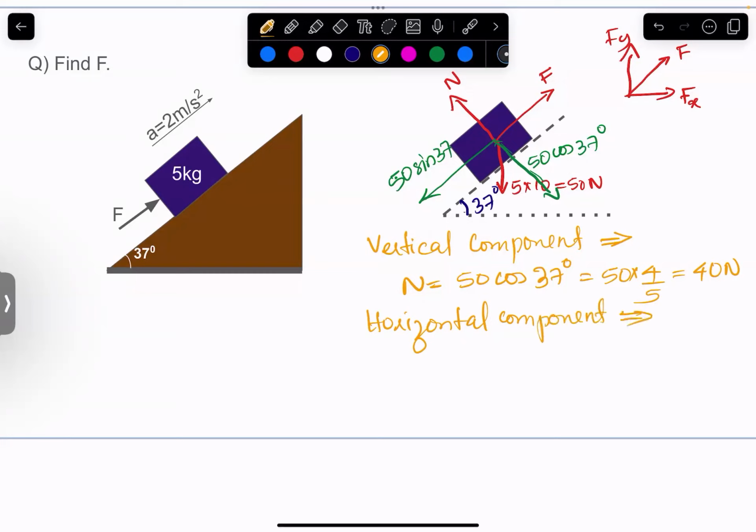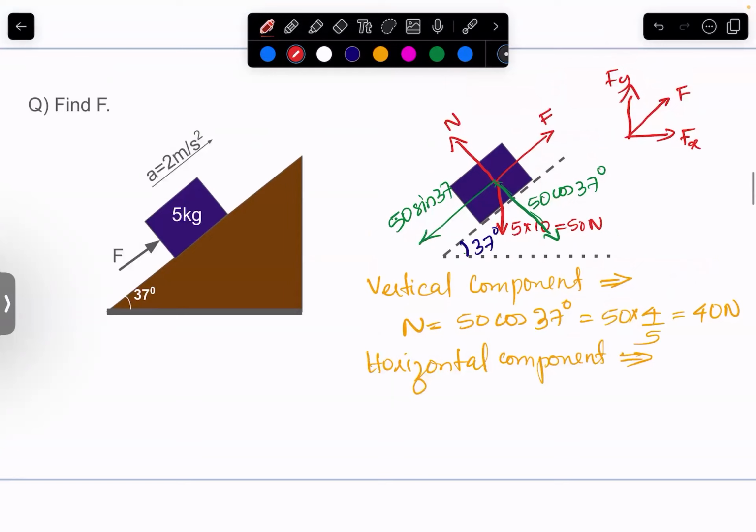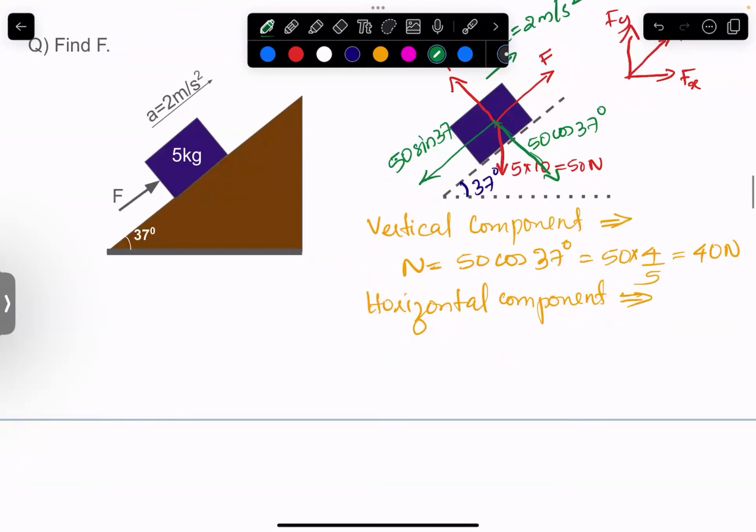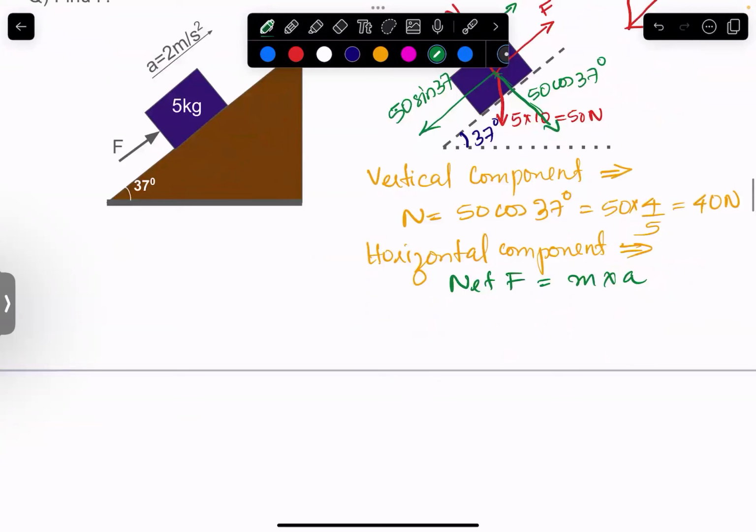Equating the components along the plane, we know that there is an acceleration, A equal to 2 meters per second squared. Net force is equal to mass times acceleration. So net force is F minus 50 sin 37.